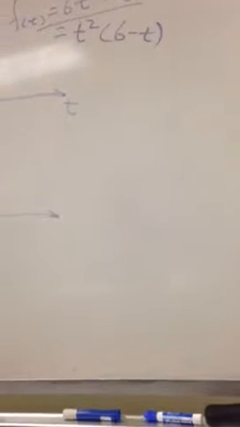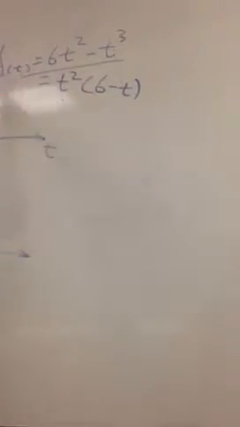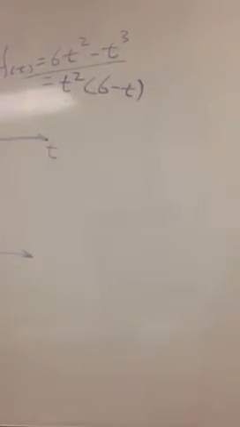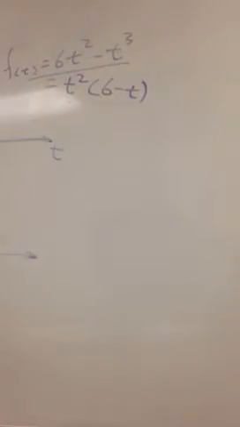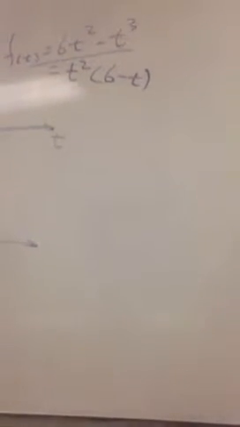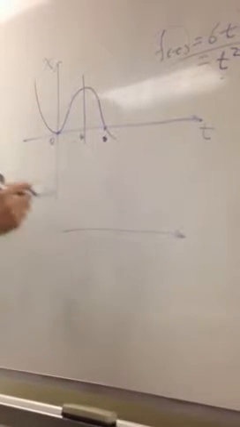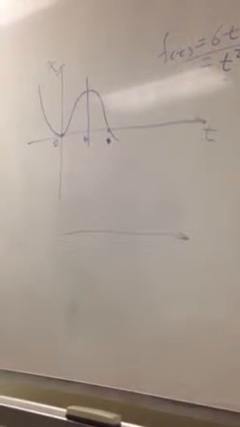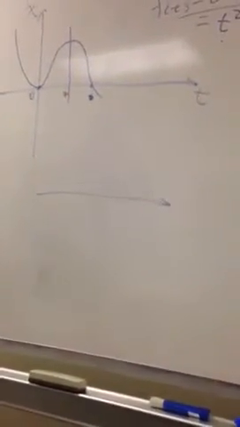At time 0, this function x is 0. So you factored out a t squared, and that's how you got 6 minus t. Okay, I get that part. And then add a 6. It's also 0.